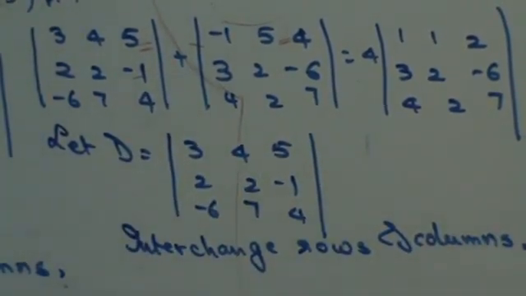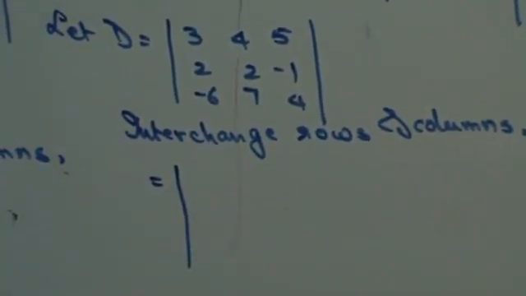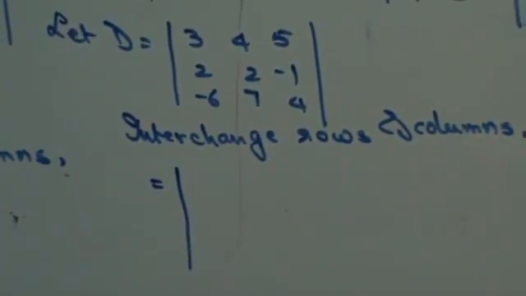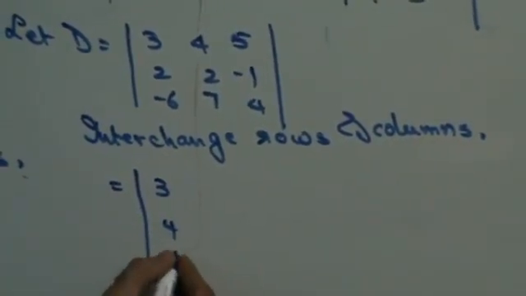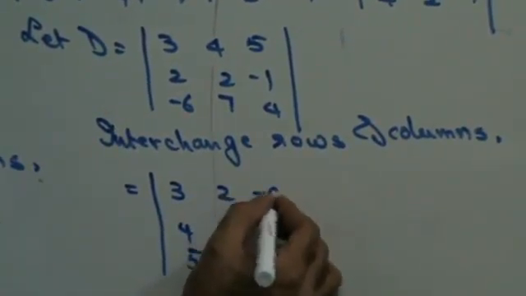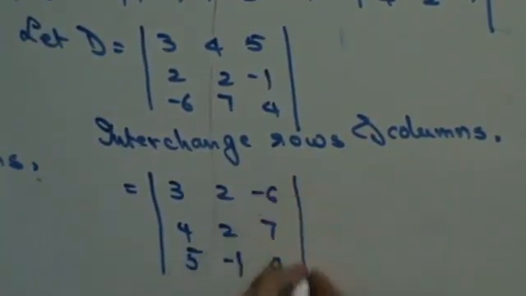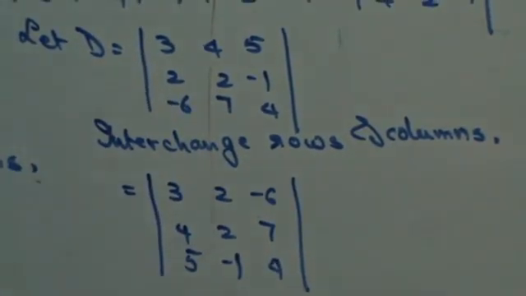If I interchange rows and columns, I don't need to multiply by minus 1 because I'm interchanging all the rows and all the columns. So first row will become first column, second row will become second column, and third row will become third column. Right? Each row and column will be interchanged.